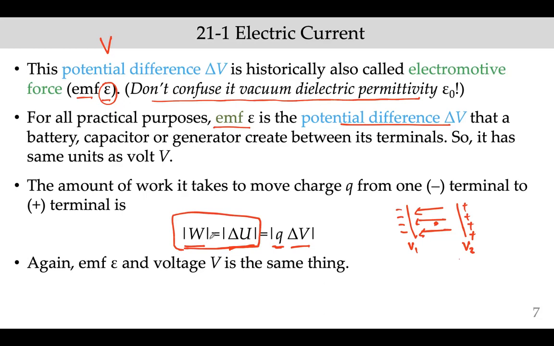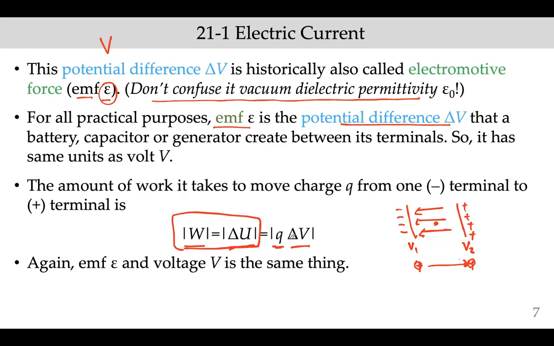So the work done is equal to the change in potential energy. And in this context, the potential energy change is the charge times the change in potential. By using this formula, we can calculate how much energy is needed, or how much work needs to be done, to move a positively charged particle from here to here.